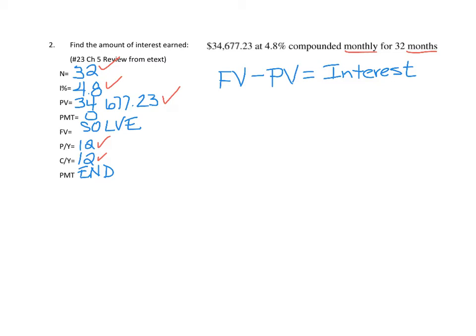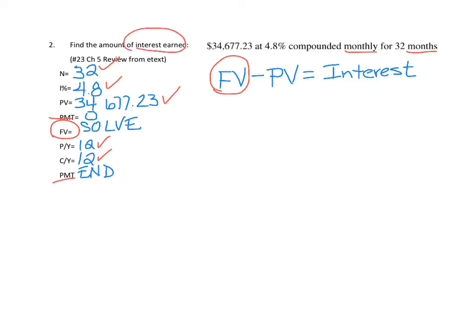And once again, there are no payments, and we don't worry about that last line. We will solve for the future value because we need the future value minus the initial investment to find out how much the interest is going to be.